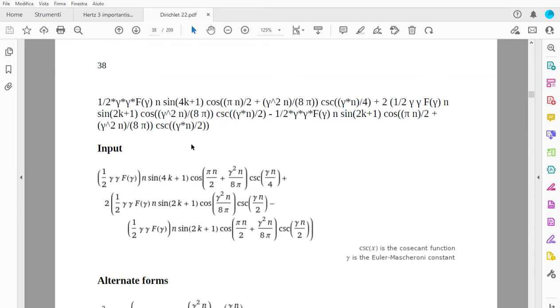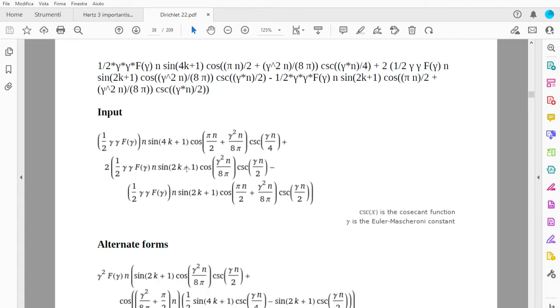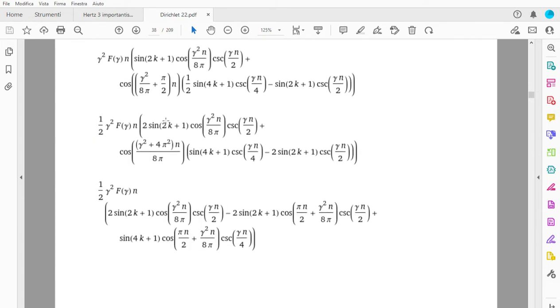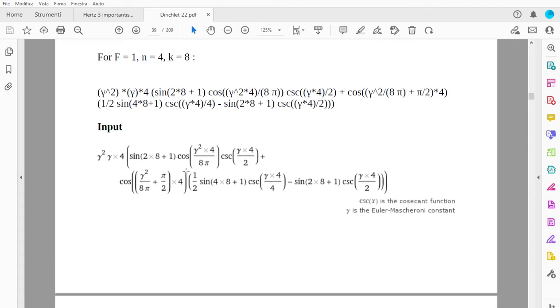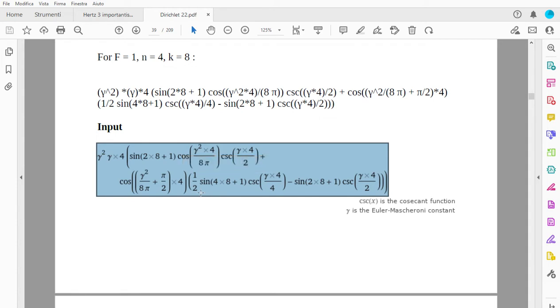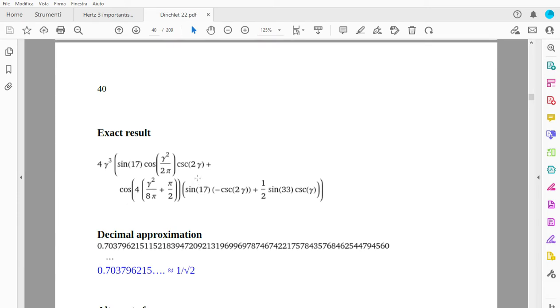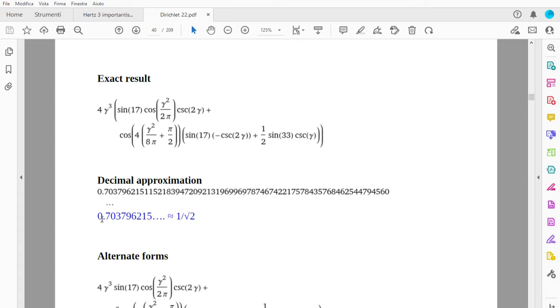Now, from the algebraic sum of the two integral results, we obtain this alternate form, and for f equal to 1, n equal to 4, and kappa equal to 8, we obtain this following expression, and then the exact result, that is approximately 1 divided by square root of 2.